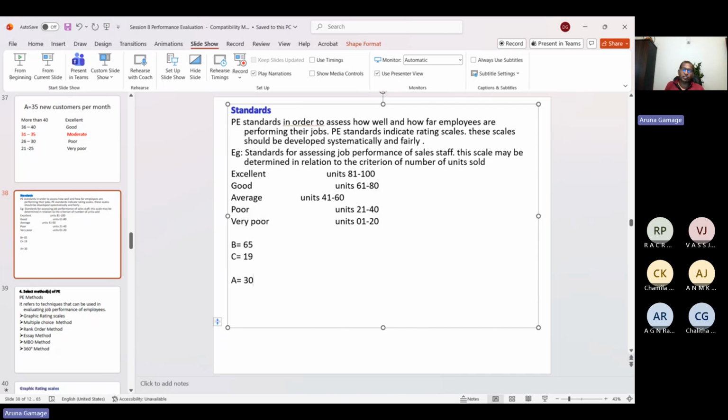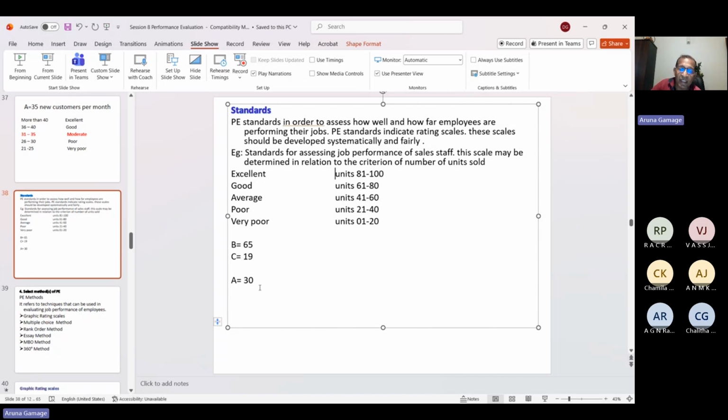Sales representatives are supposed to create new customers; the more the better. What is his level of performance? Is it good, average, poor, very poor, excellent? Can you say anything?